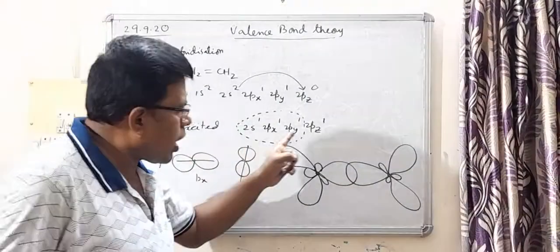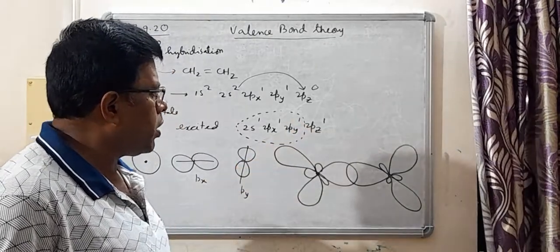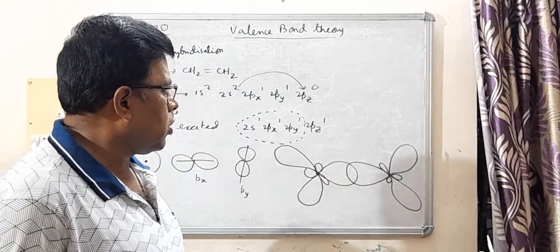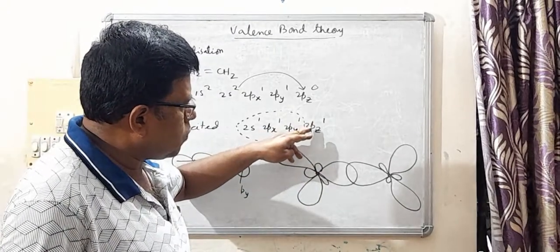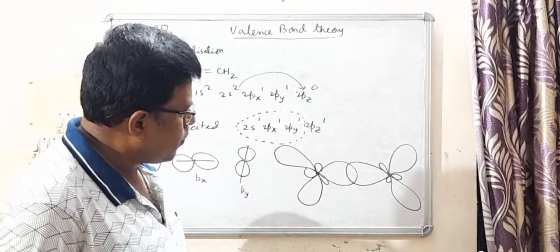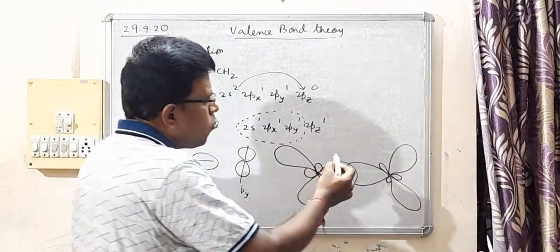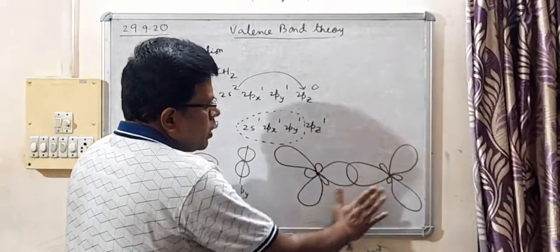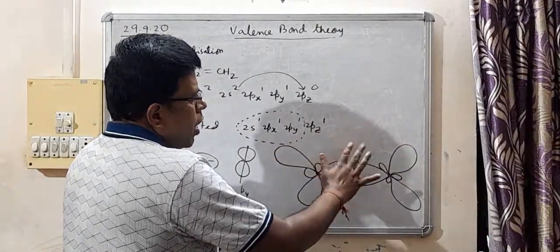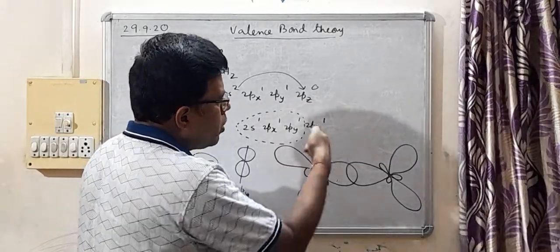Now what happens to this pz which has not taken part in hybridization? We need to show this also. This pz orbital will be perpendicular to this plane. All these orbitals are planar, and pz will be perpendicular to this plane.